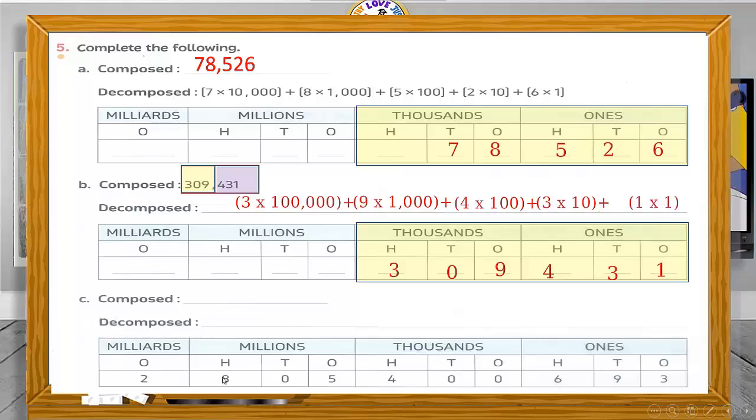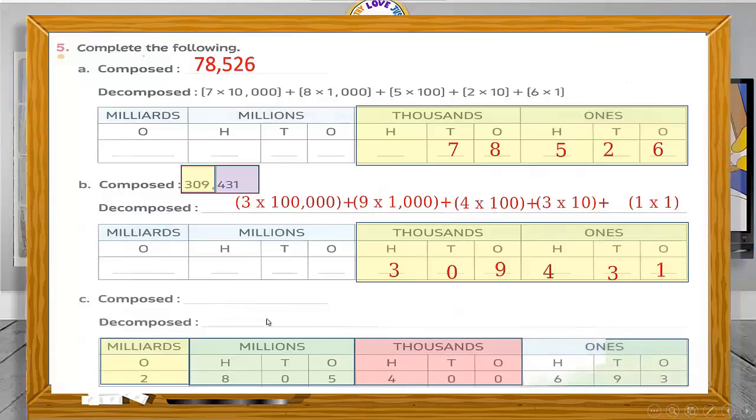Composed, decomposed. Here he gives you place value chart with numbers, or write the number inside the place value chart, and he wants to write number in standard form to make compose and expanded form to make decompose. 2 in milliards.